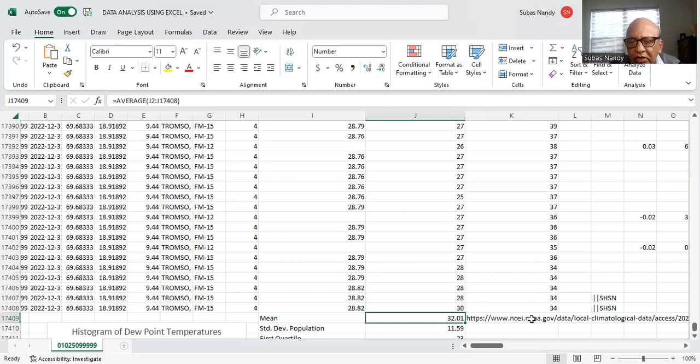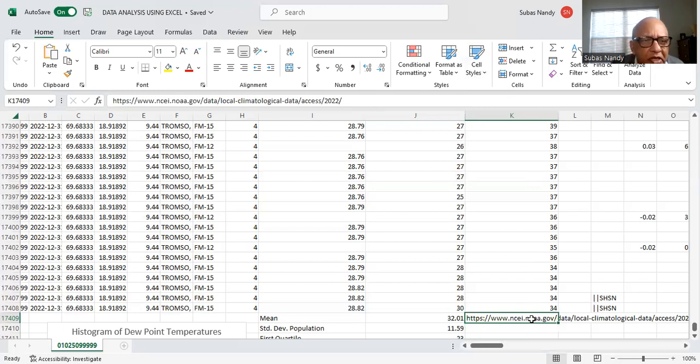By the way, I got this data from the NCEI website, climatological data access, for 2022. So this is the web address from where I got all this data.